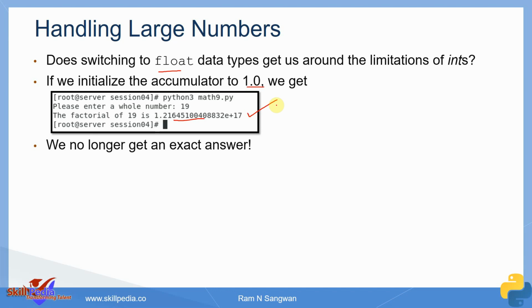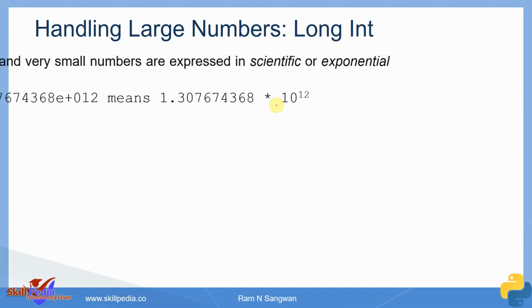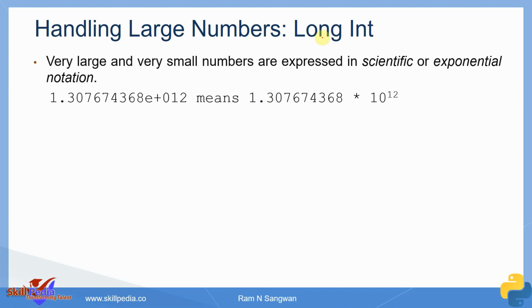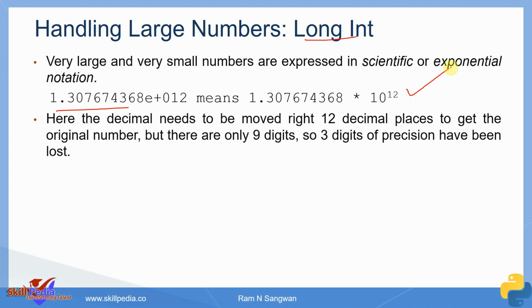So therefore, when you are looking for exactness, you have to use integers. Handling large numbers, we have long integers also. So this was a typical example of approximation. Here the decimal needs to be moved 12 decimal places to get the original number, but there are only 9 digits, so 3-digit precision has been lost.